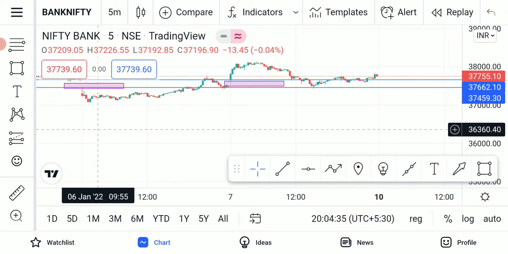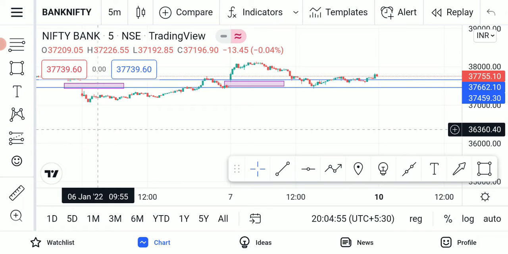You might be thinking, to what extent is it going to pull back? Definitely the gap acts as a support. It may go down near there, but it's a good support.